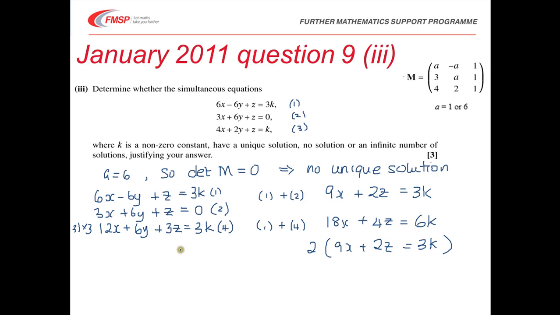So that means that the equations are consistent. And when the equations are consistent, it means that we are going to have an infinite set of solutions.